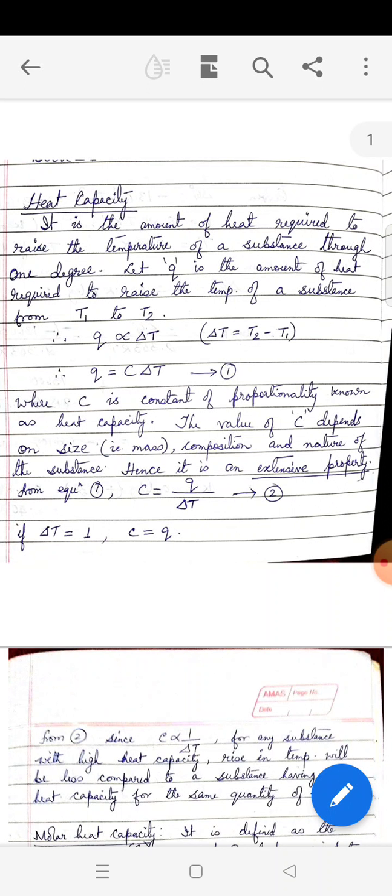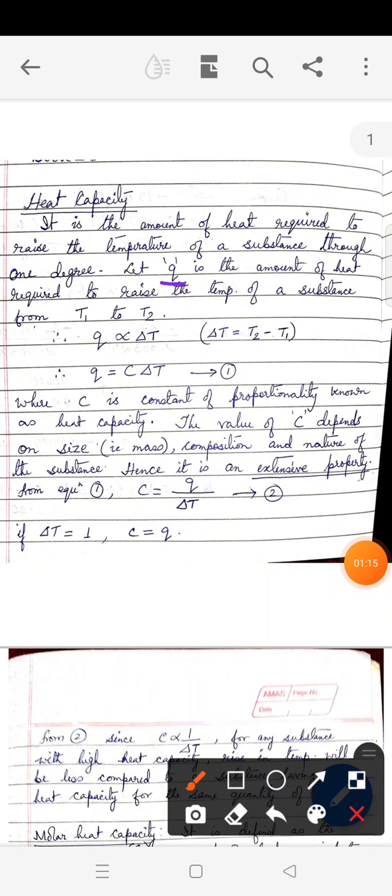But it is not always possible for us to maintain 1 degree, so we can do the calculation by using the unitary method also. Let us assume that Q is the amount of heat required to raise the temperature of a substance from T1 to T2. So here the T2 T1 difference need not be 1 degree.